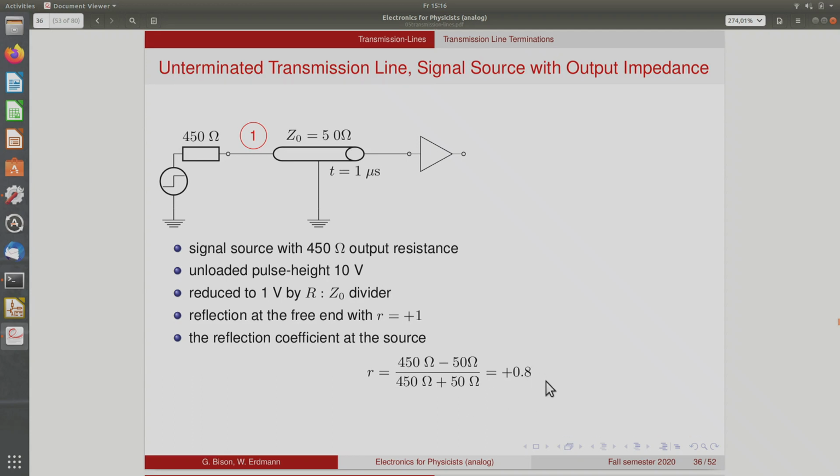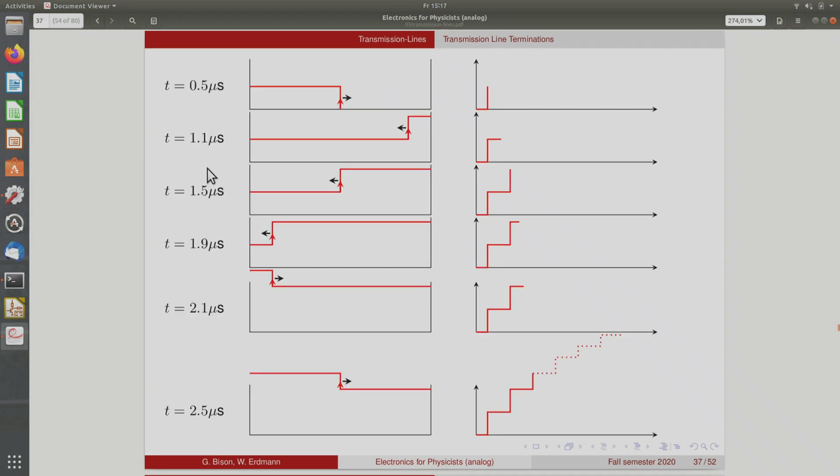So it's +0.8. So here we have a reflection coefficient of +1, and here we have a reflection coefficient of 0.8 because this is not the correct termination value.